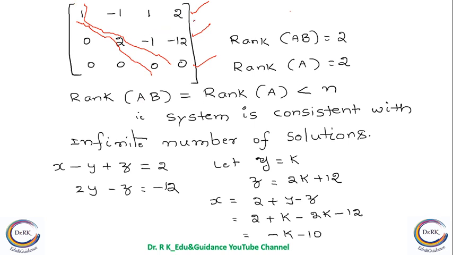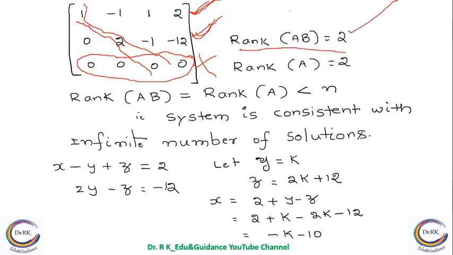This is a non-zero row, this is a non-zero row, and this is a 0 row, meaning all elements are zeros. In echelon form, the rank of a matrix is the number of non-zero rows. This is 1, this is 2, therefore the rank of the augmented matrix is 2.